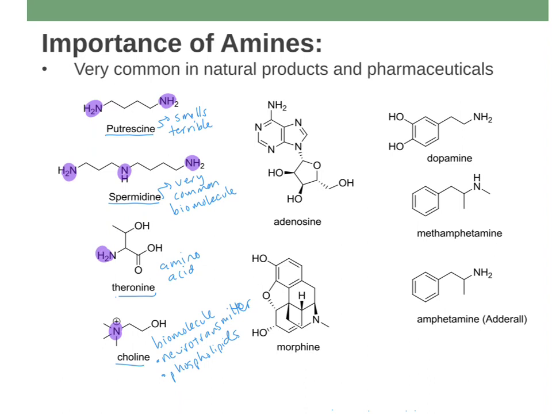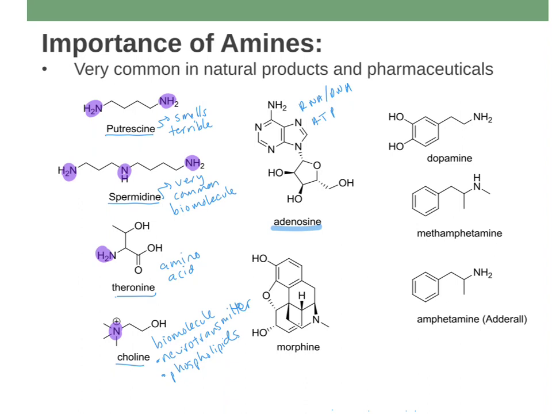You can also find amines in adenosine. You may have heard of adenosine, especially if you've taken any biology whatsoever. It's everywhere. You find adenosine in your RNA and DNA. It's a backbone of ATP, which is adenosine triphosphate.